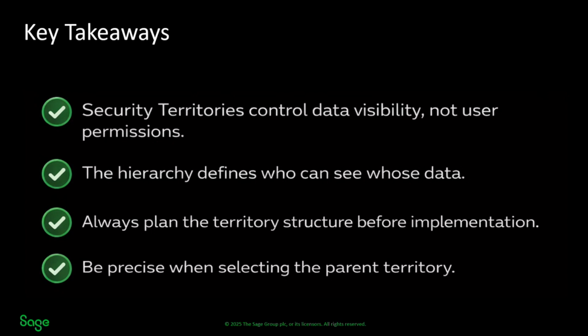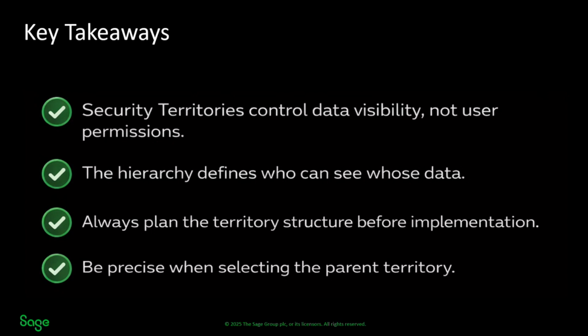So we've only looked at where the territories provide you visibility of the data, not whether you can change the data or even insert new data into that entity. The hierarchy of the security territories defines who can see which data.